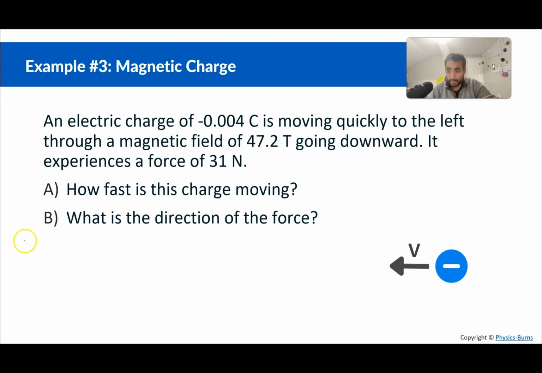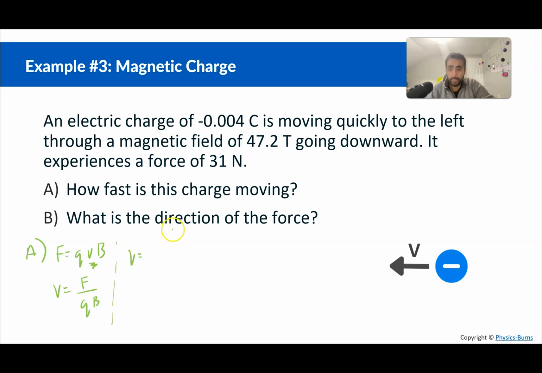All right, again, formula. Force is equal to Q, V, B. And this time we're looking for the velocity. So we know velocity is equal to force divided by QB.